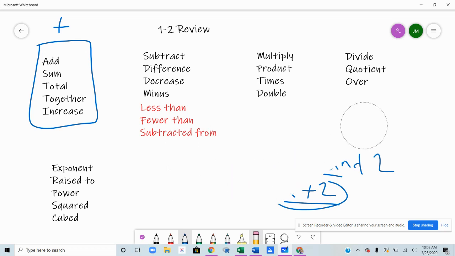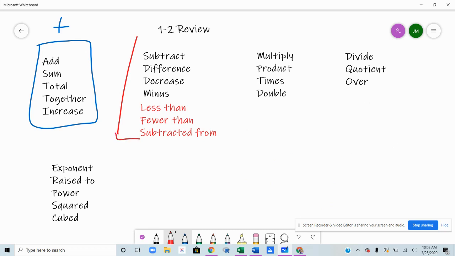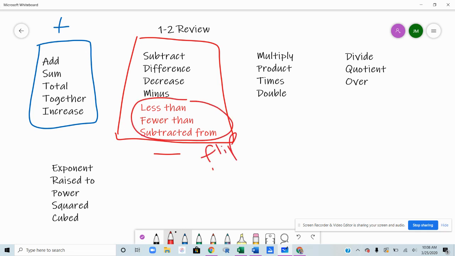The next set, this box, is all words to let you know you're going to subtract, put a minus sign. The words in red are flip words. And I'll explain what that means here in a moment. So let's talk about the words in black first. Subtract, difference, decrease, minus. So it might look just like what we had for the add, except now it's going to have one of those words and let you know you're going to subtract.